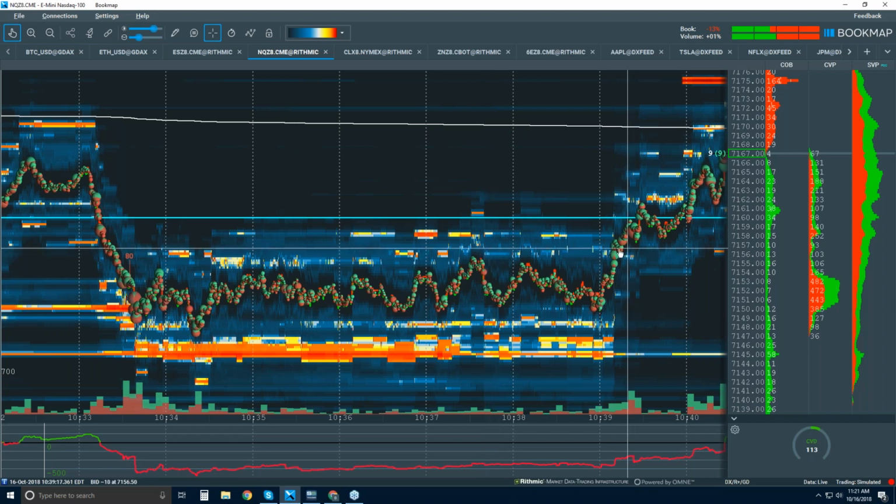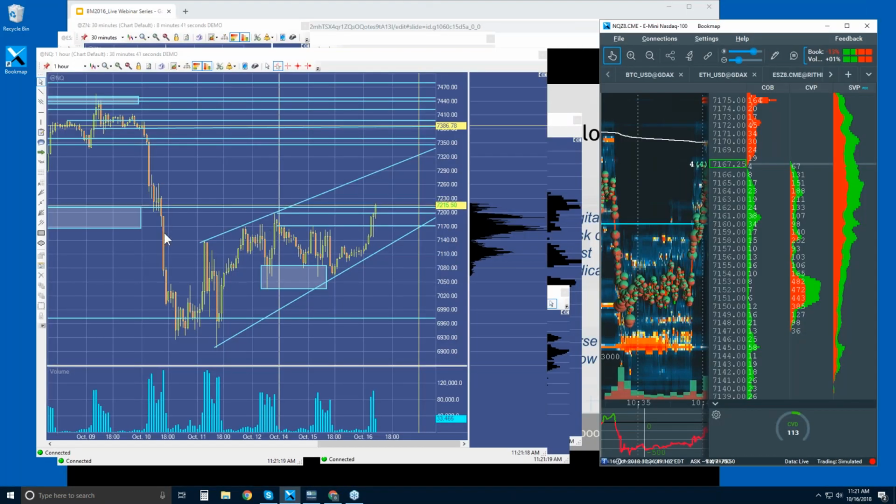Okay, and that's what happened over here. Now it took several rotations here. Okay, all of these rotations like this, and then the buyers start to step in. This whole thing right here is really similar to this move to the downside, sideways action, and then now we're looking for the breakout.